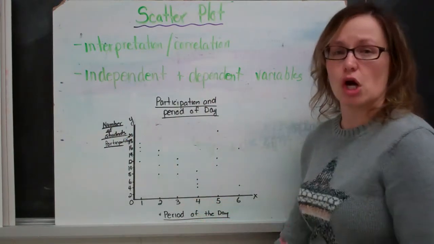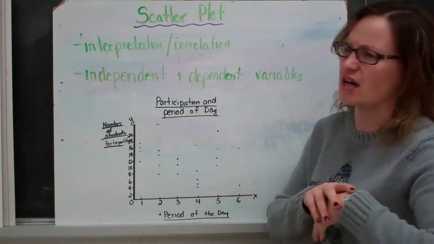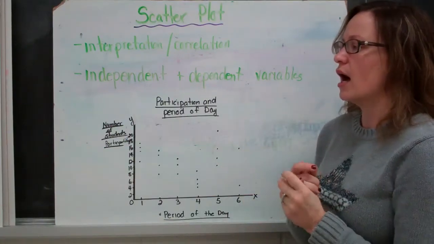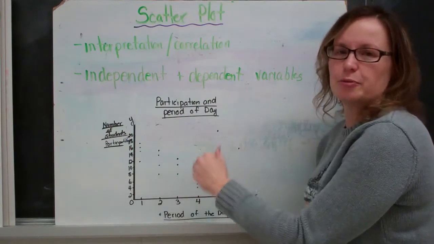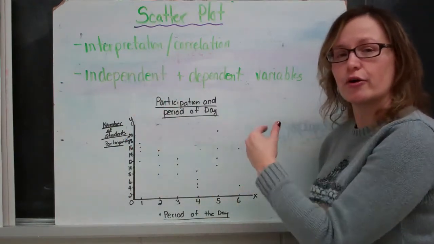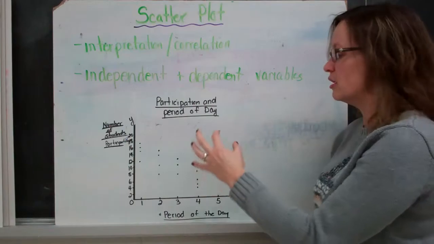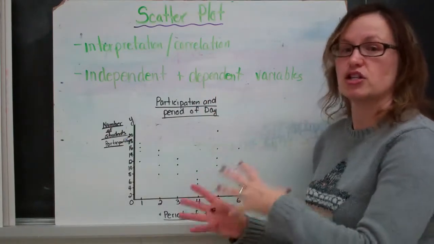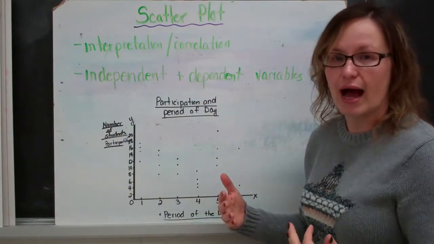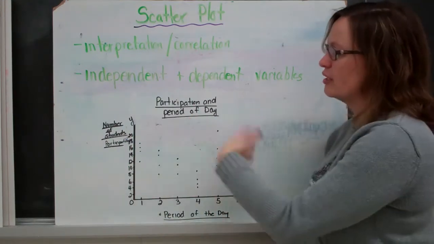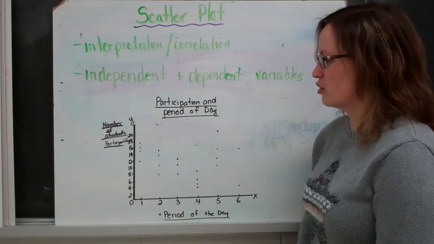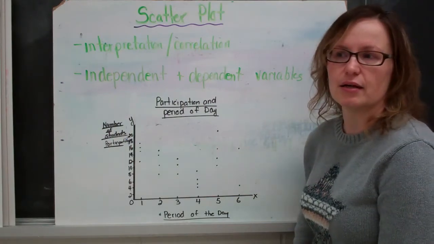This is a great way to start when you have a bunch of data that maybe covers a long period of time, or a lot of numbers or a lot of information. You can put it all into a scatter plot, so then you can see a pattern or a trend and make that interpretation, and then take that information, go back and create another graph to then support that specific interpretation.